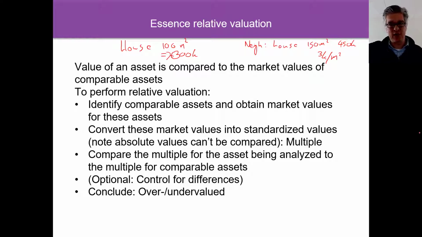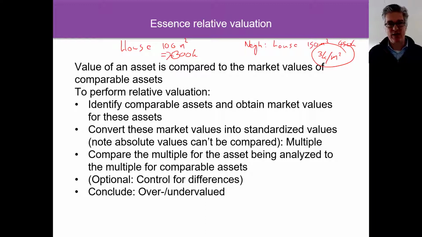So you look at comparable assets that are very similar to the asset you're valuing, then hopefully those assets have a certain market value, and then you apply that market value through a multiple to your asset. So to perform relative valuation, first identify comparable assets, get market values for those assets, convert the market values into these standardized values, so multiples. So in this case, the market value per square meter.